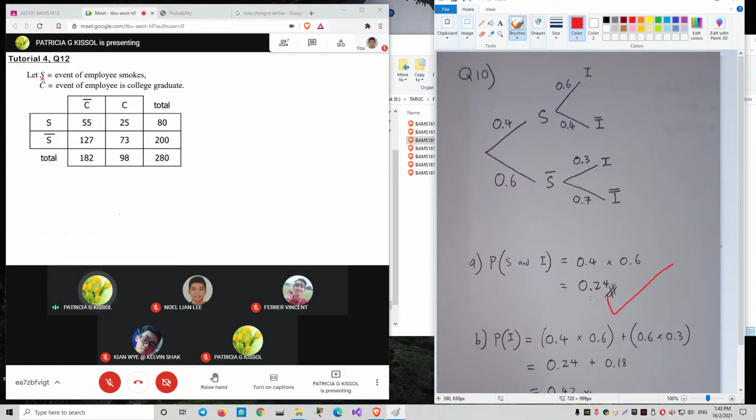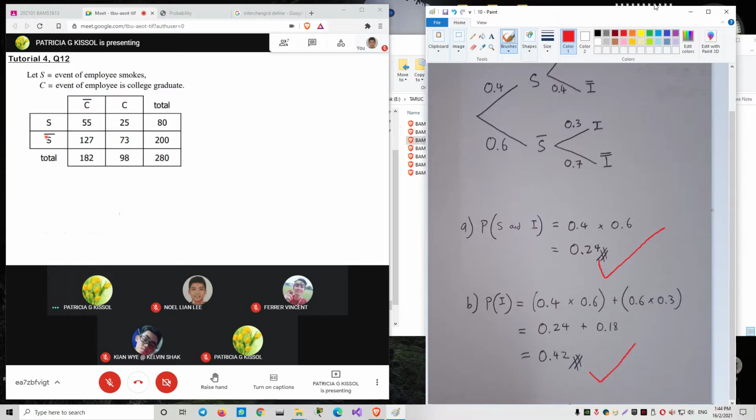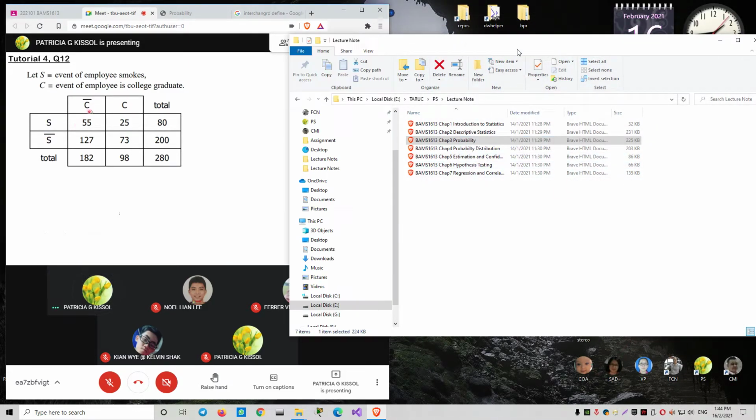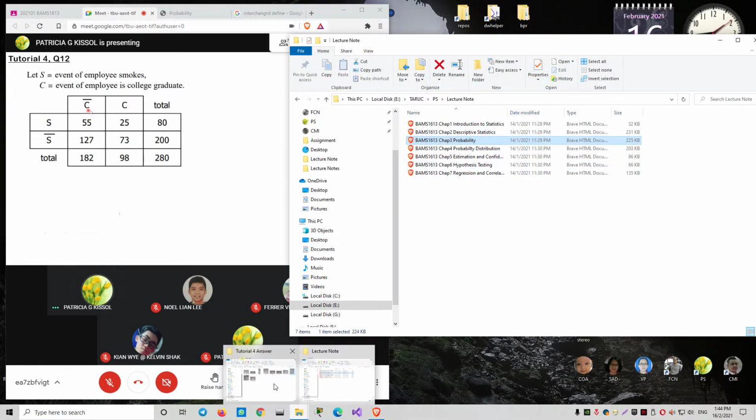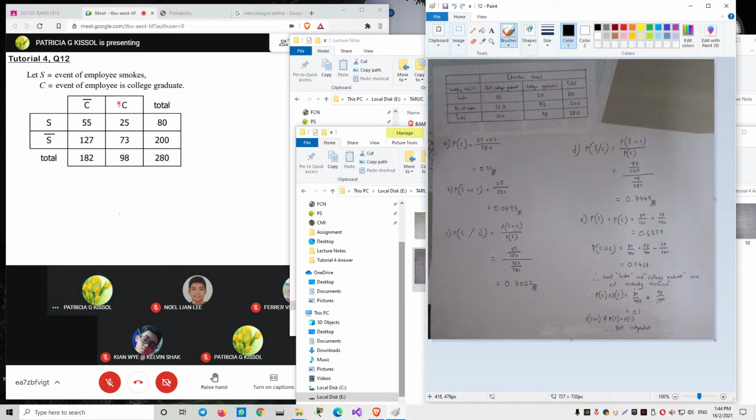So this shows us employees that smoke for S, and of course S bar is employees that do not smoke. Here represents an employee who is not a college graduate, and this one represents an employee who is a college graduate.